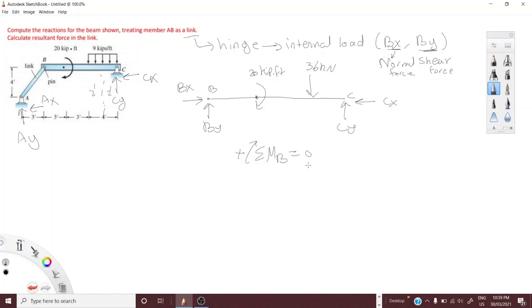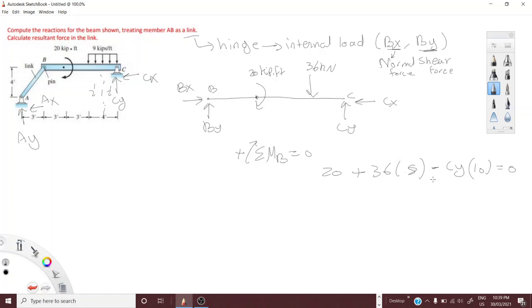We will not take Cx since it passes through B. The clockwise 20 gives plus 20, plus 36 times 11, minus Cy times 10, since Cy is 3 plus 4 plus 4, which gives you 10.